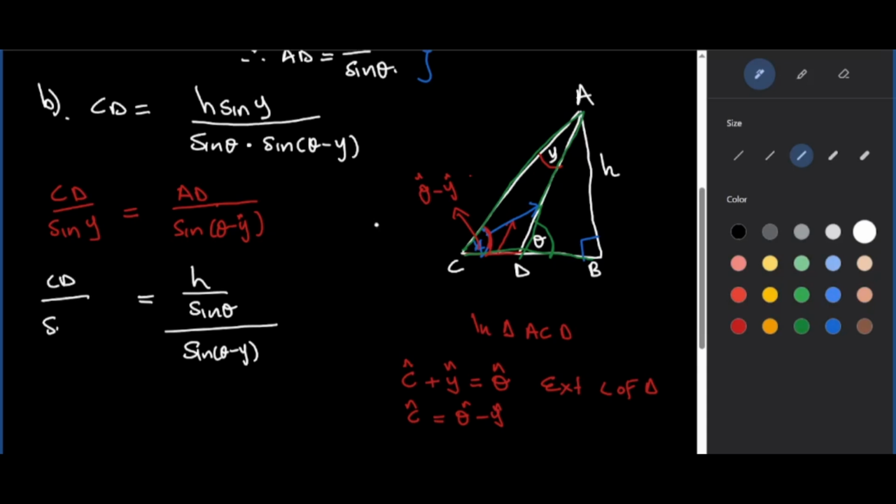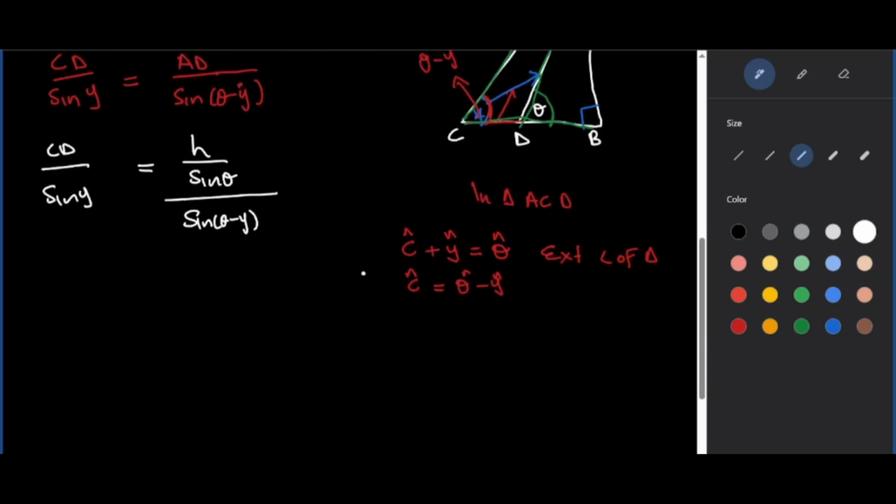So I'm just going to leave that like that, and let's work out the right hand side. I can write the right hand side in this form: h over the sine of theta. Remember, this is division.